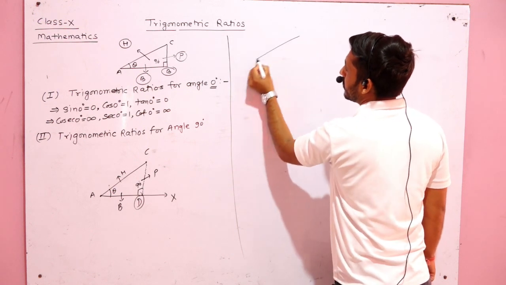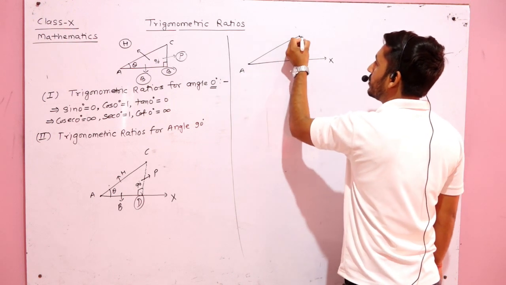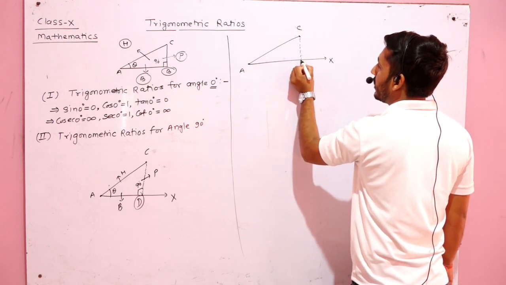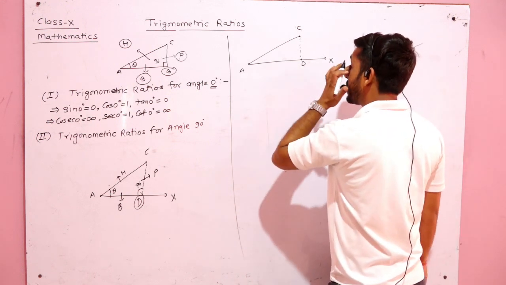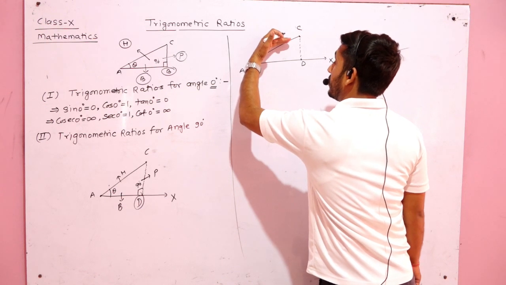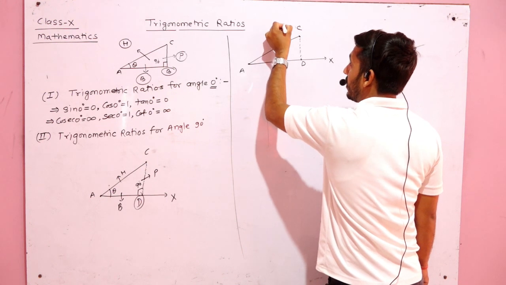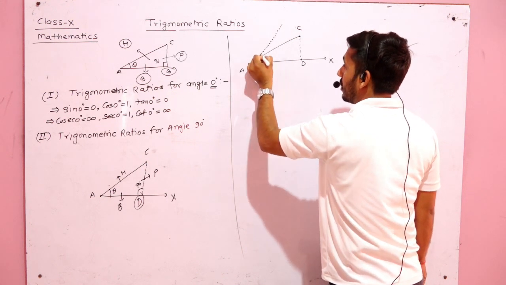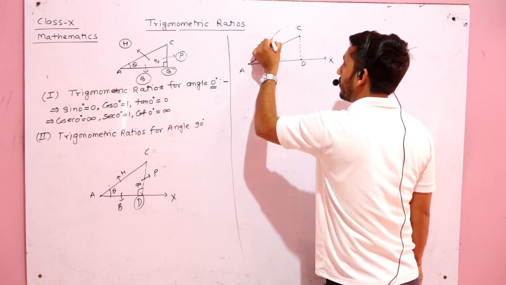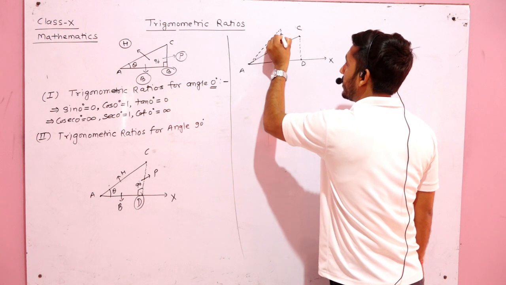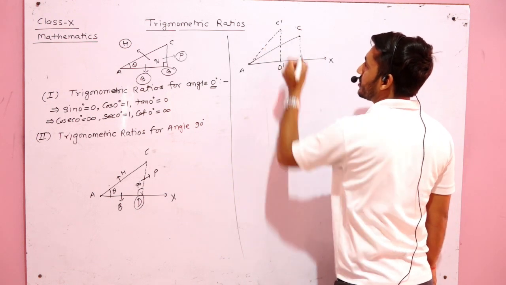Okay, first one is, this is X, this is A point, this is C point, and the perpendicular intersecting at D point. First I am moving this side to make an angle at 90 degree, then this side will move towards perpendicular, you can see, and this point is D dash and this point is C dash.